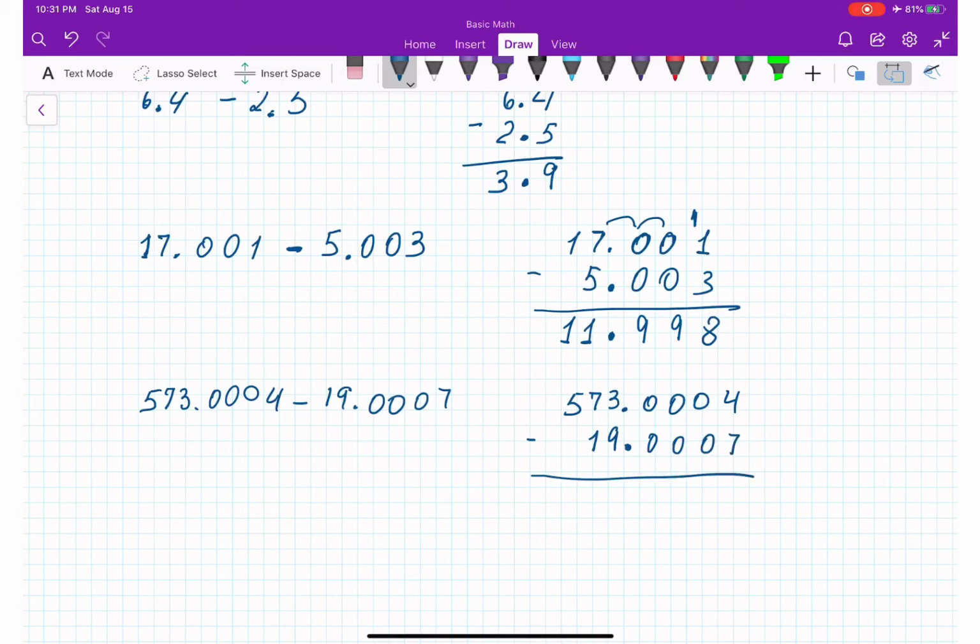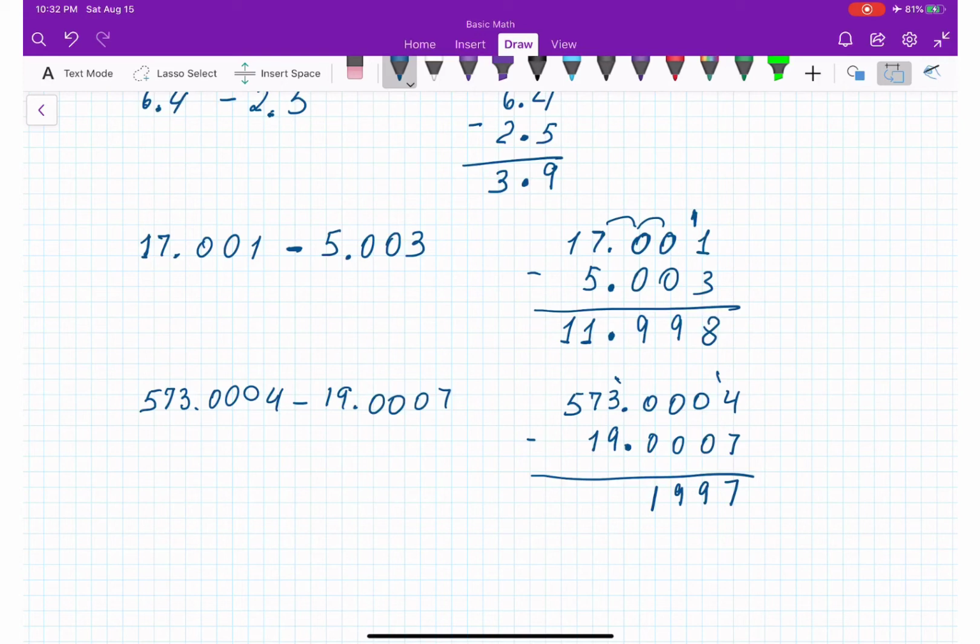All right, 4, I can't do minus 7, so I'm going to borrow from this 3, right? So here I'm getting 14. 14 minus 7 is going to be 7, which means the 0 becomes 9. Minus 0 is 9. This second 0 also becomes 9. This also becomes 9.